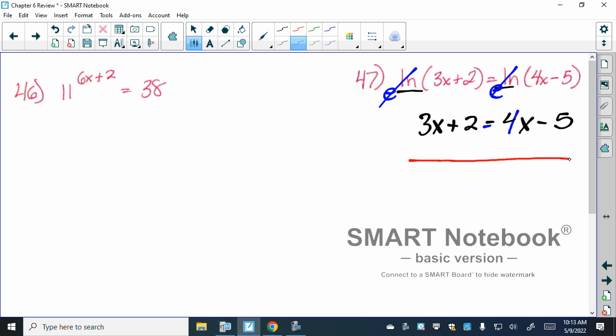So the first thing we could do is, well, I'm going to subtract 3x. Because 3x minus 3x is 0, leaving us with 2. 4x minus 3x is x minus 5.